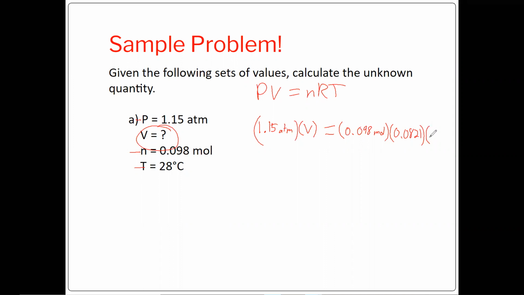So we have to do 28 plus 273 to get us 301 Kelvin. Now it's just a question of solving for V. And assuming you plug everything into the calculator correctly, you should get V equals 2.1 liters. So again, this is a plug and chug. You just have to put everything in the right area.